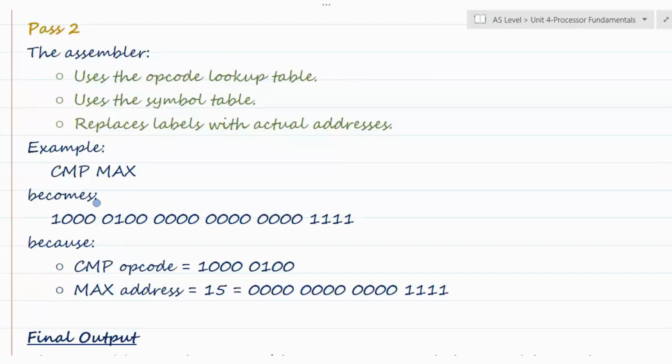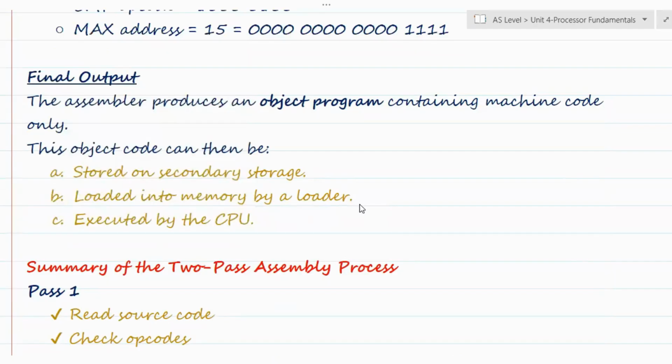First, it looks up CMP in the opcode table, and then it finds its equivalent machine code. Then it searches the symbol table for max, and the address is located for max. So the final machine instruction will become like this in binary. And this process continues for every instruction in the program.